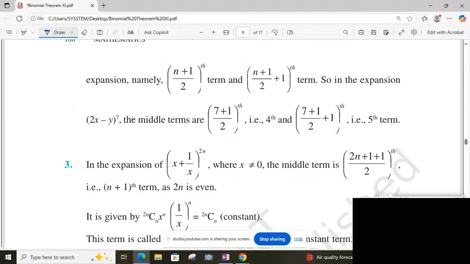The first middle term is the (n plus 1) by 2 th term and the second is the (n plus 1) by 2 plus 1 th term. There is no problem in understanding the concept related to the middle term.